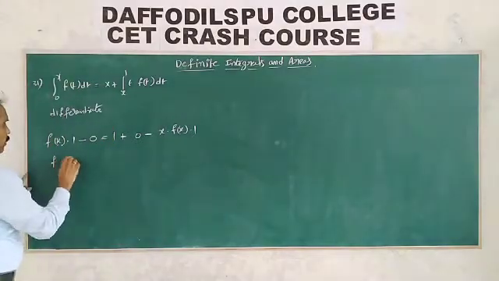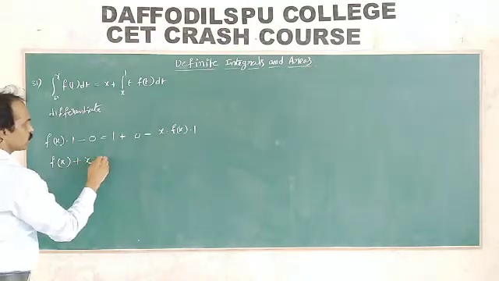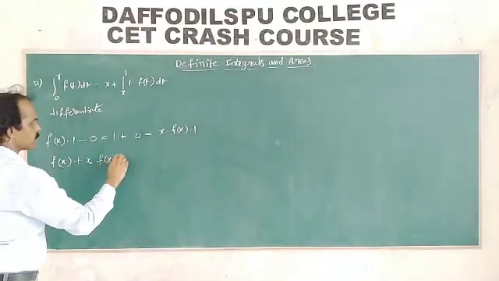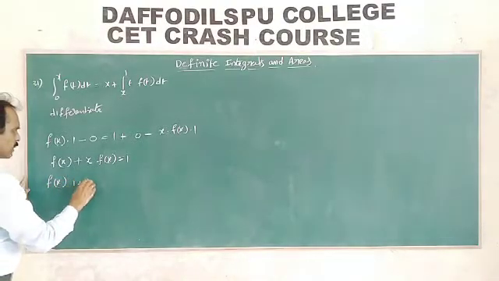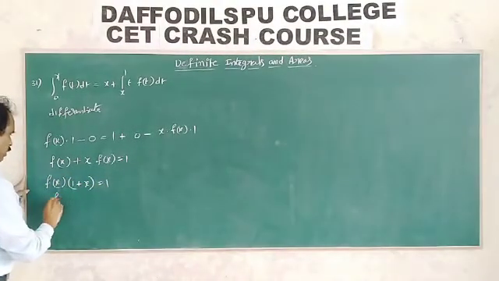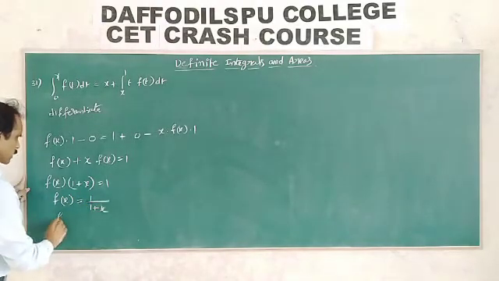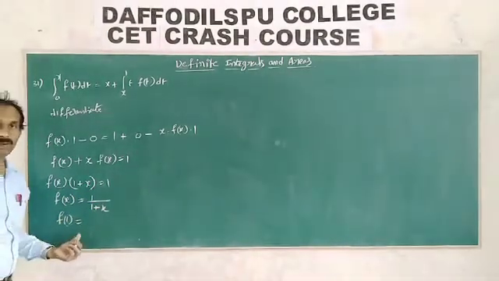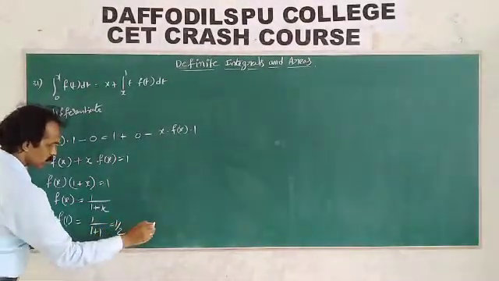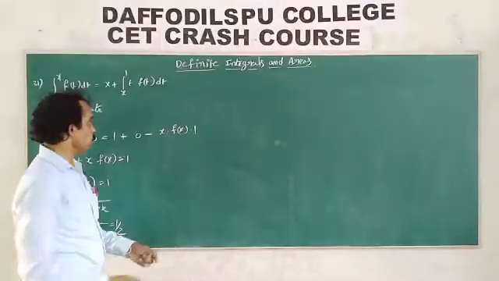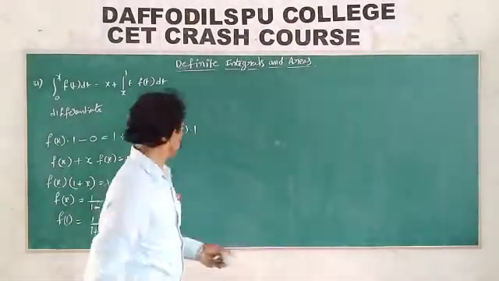So shifting this side, f of x plus x f of x is equal to 1. Take f of x common: f of x times 1 plus x is equal to 1. Therefore f of x is equal to 1 by 1 plus x. We need f of 1, which is 1 by 1 plus 1, that is 1 by 2. So the second option is the correct answer.